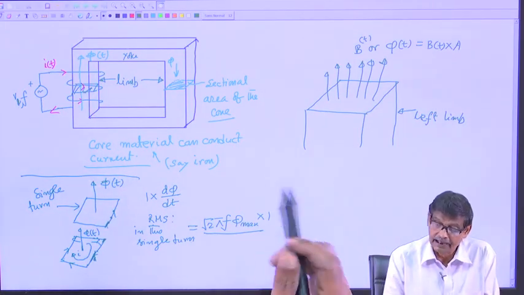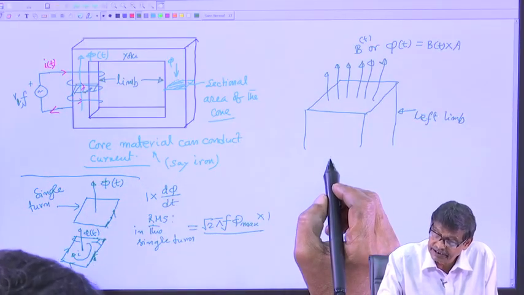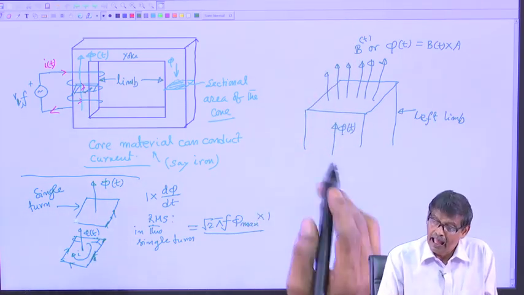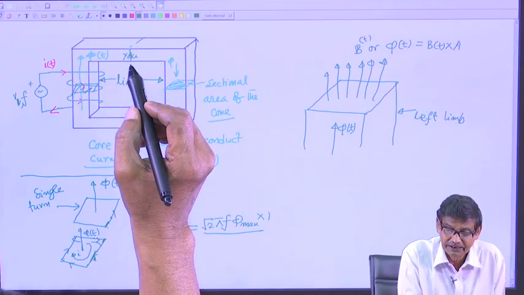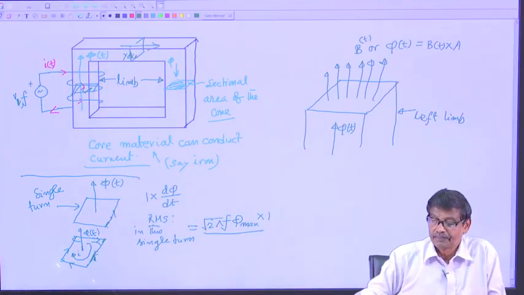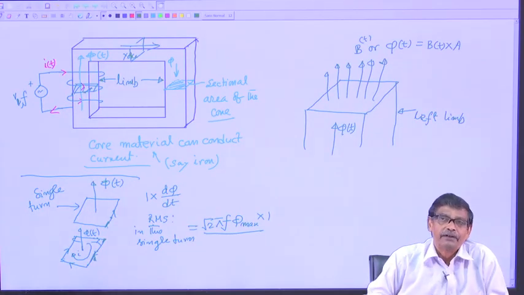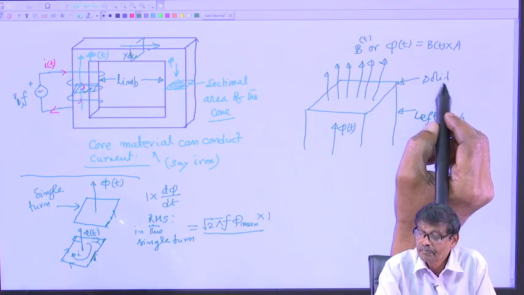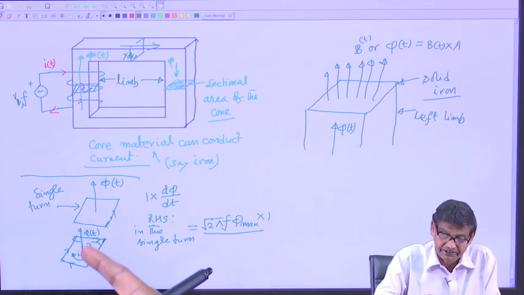In the transformer core, as I told you, this magnetizing current I_T has produced this phi t here. Imagine any section either here or there, and in every section the same flux is crossing, and it is a solid piece of iron, suppose solid iron. Now, the question is where this fits.